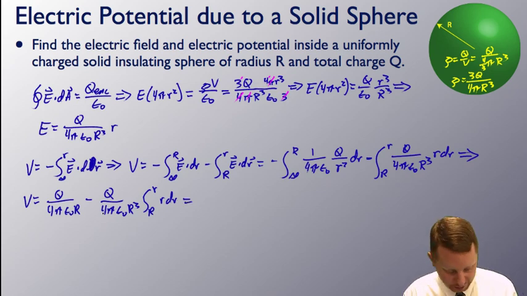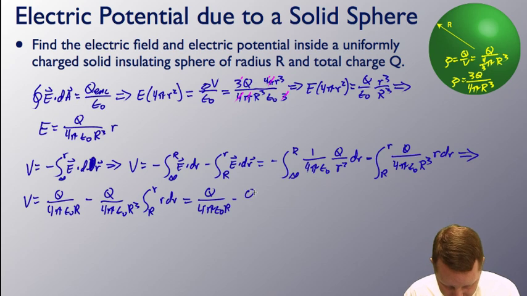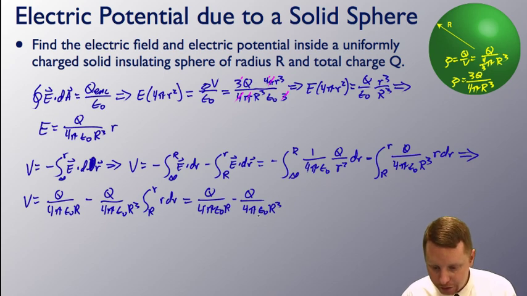So I'm going to get Q over 4 pi epsilon naught capital R minus Q over 4 pi epsilon naught capital R cubed, times r squared over 2 minus capital R squared over 2.